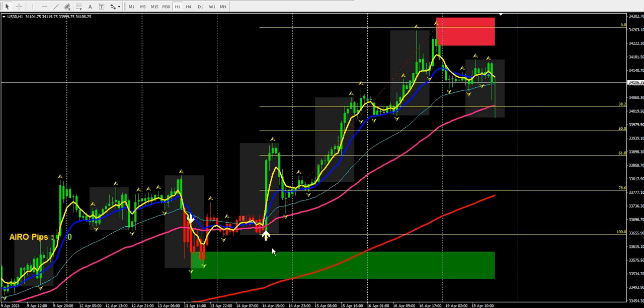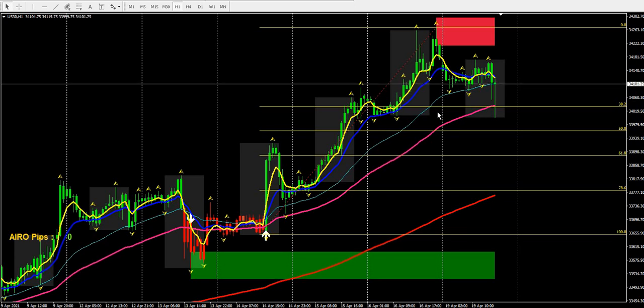For the strategy 8 setup to be valid, price needs to close below the AIRO MA for you to take a trade using strategy 8 off of the H1. Okay? There is no valid setup right here for strategy 8 off the H1. However, I trade off of the M1 or the M5 when I'm trading indices. This is US30, by the way, I'm going over.